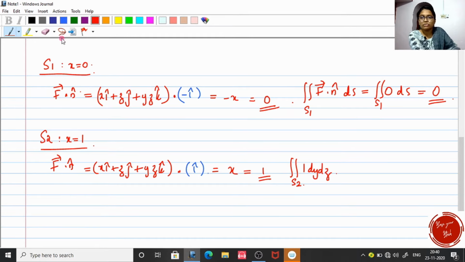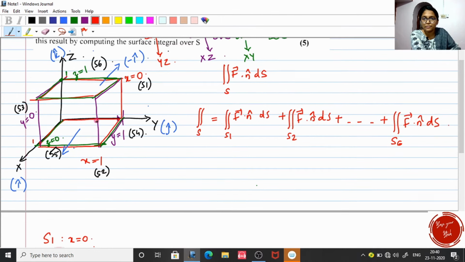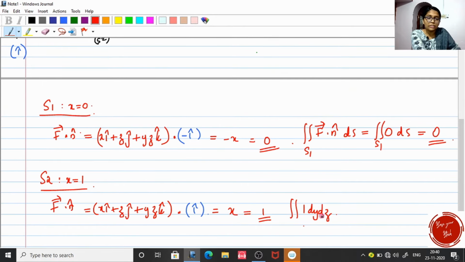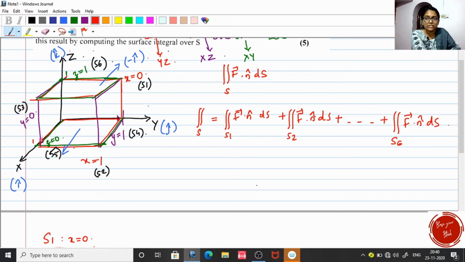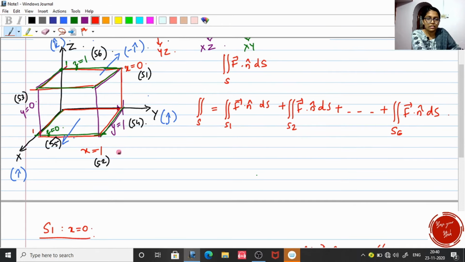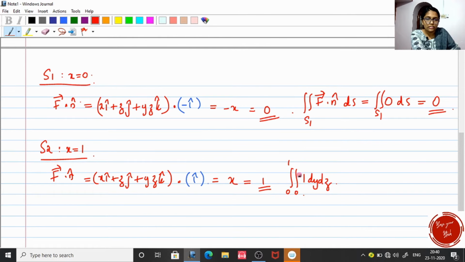Okay. And what are the limits? Here you can see that the z limits must be written in the outer integral. So, z varies from z equal to 0, the bottom portion, to z equal to 1, the top portion. So, the limits for the z axis are 0 to 1, and for the y axis also the variation is from y equal to 0 to y equal to 1.